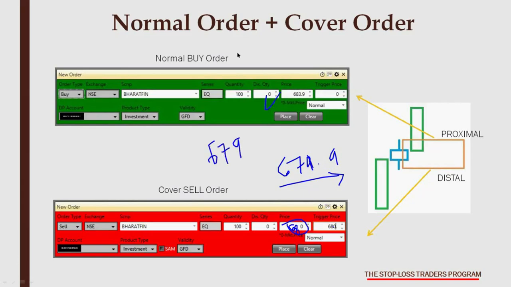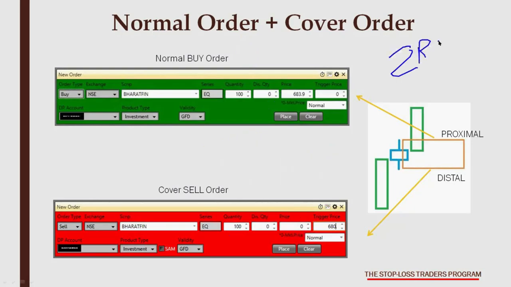Next comes a supply zone. So just opposite of this is a drop base drop. It is a supply zone. So what kind of order are you going to place for that? A sell order, right? So a sell order for the same script. Quantity can be anything, 100,000, 10,000, whatever.